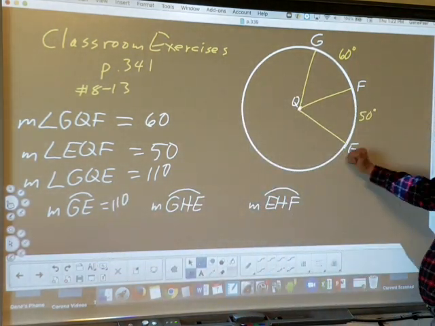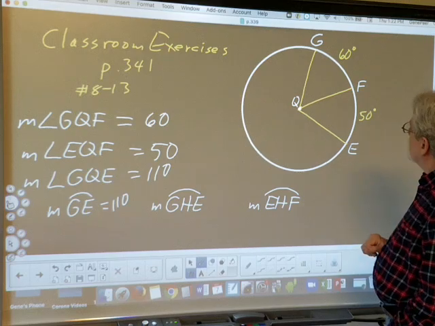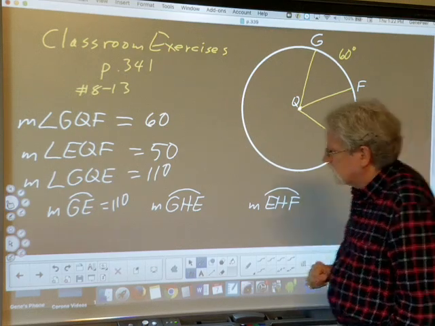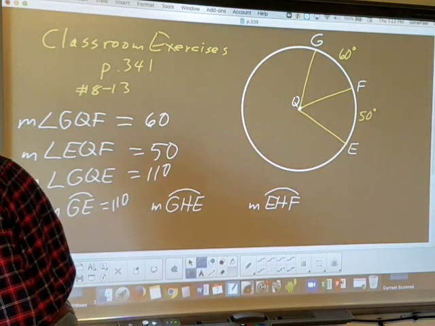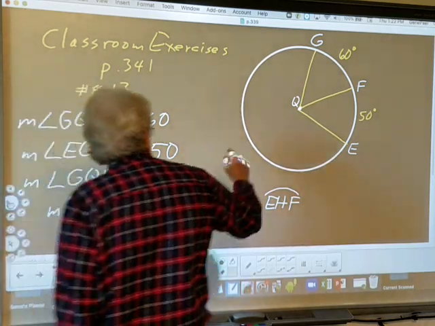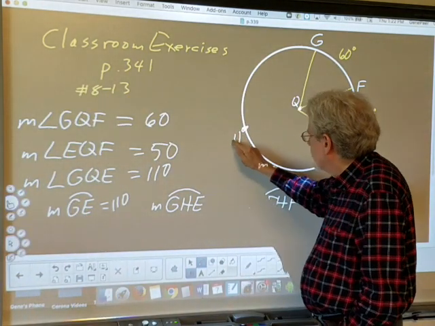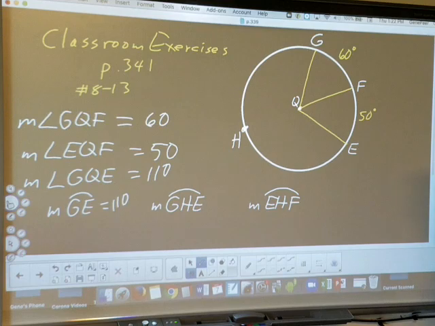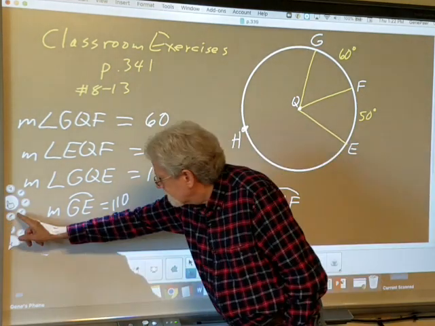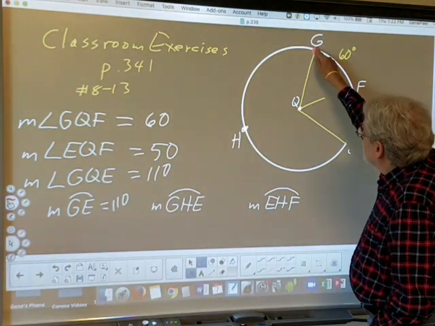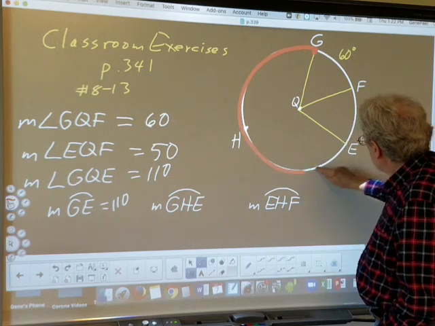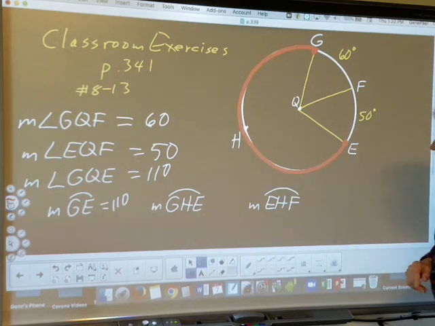Arc GHE, I don't see H. I left H off of the diagram. Where is H supposed to be? Oh, H is way over here. Forgot about him. Okay, arc GHE. Actually there's only one way to do it this time.